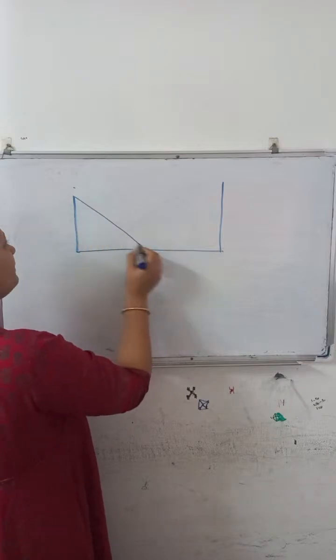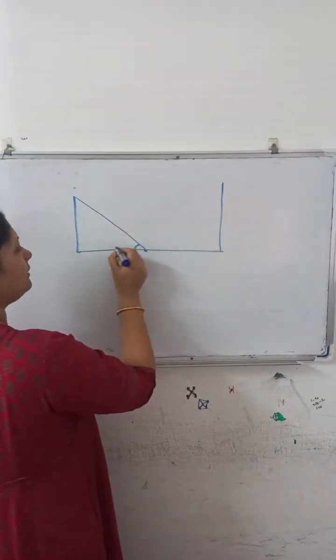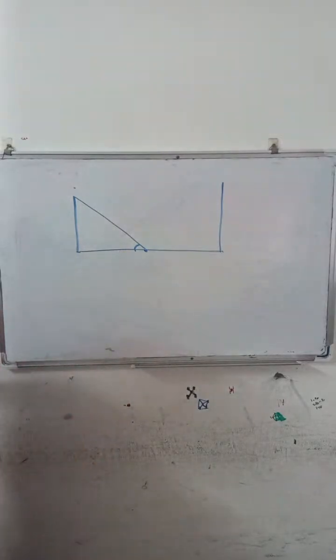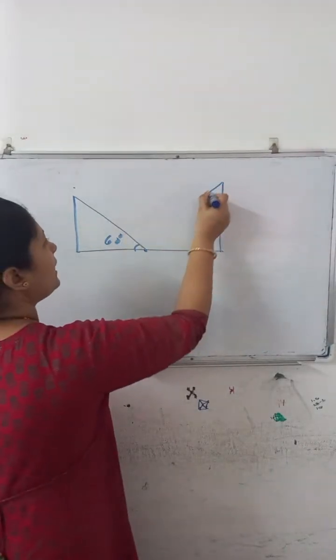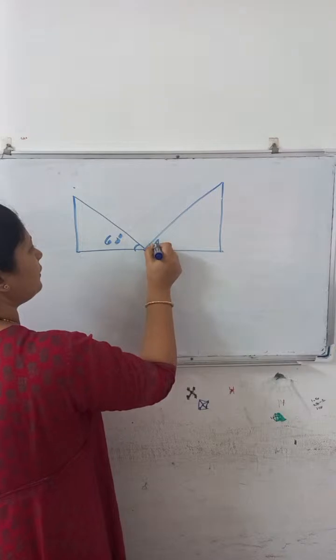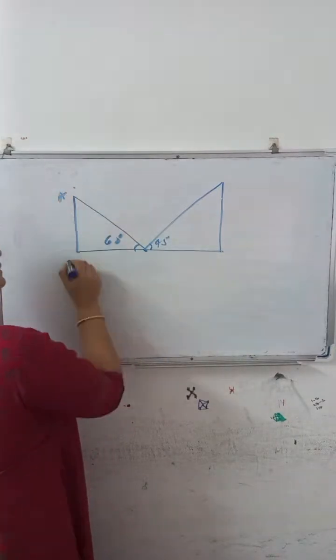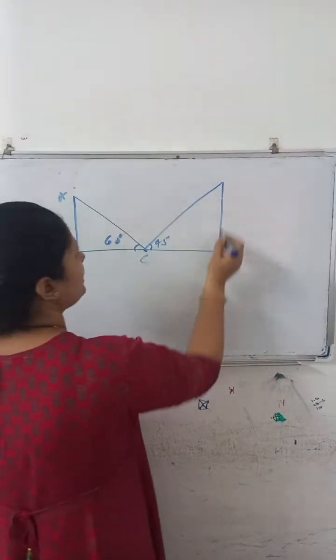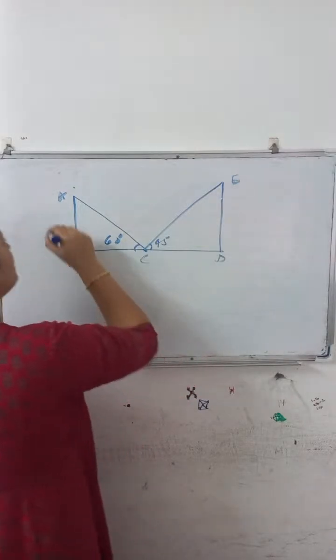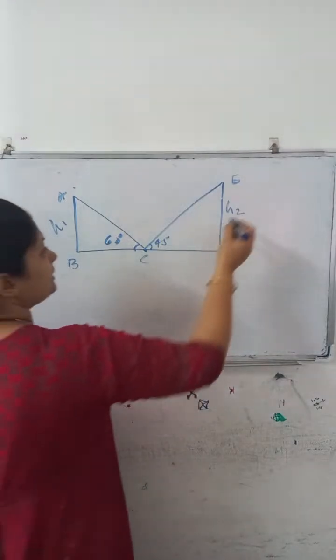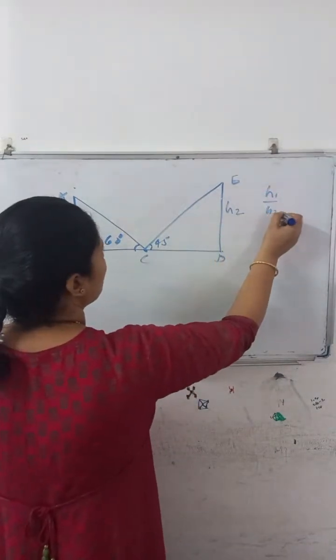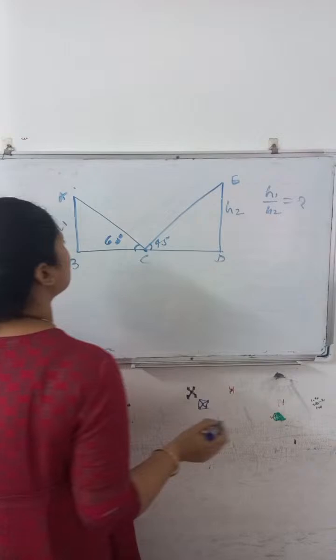The angle of elevation of this tower is 60 and this one is 45. Now I name the points A, B, C, D and E. This is height h1, this is height h2. They are asking us for the ratio h1 by h2.